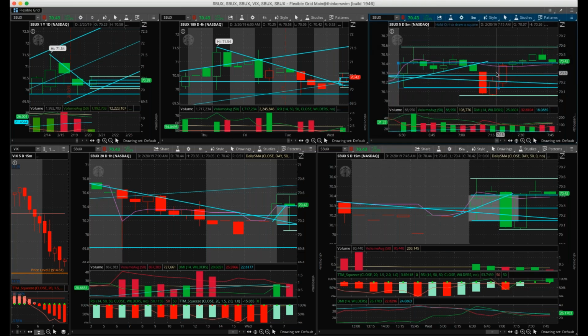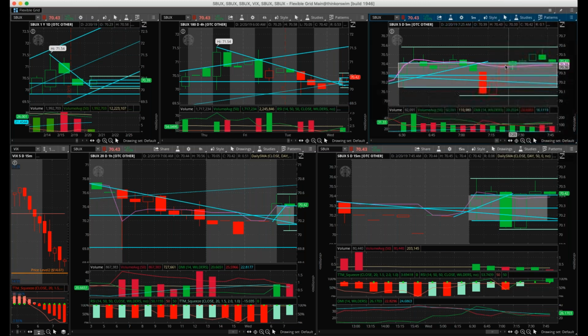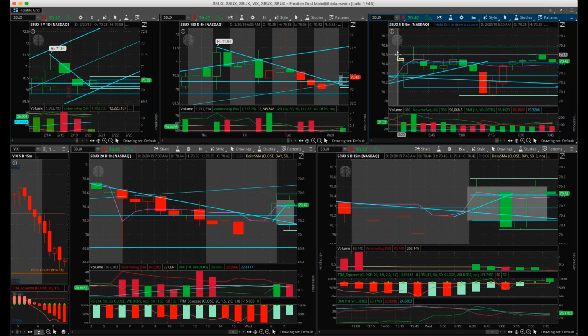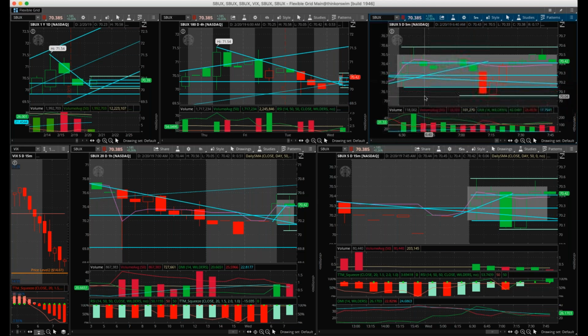So we can extend this chop zone. I guess we could actually pick that chop zone up a little bit. So we're in this range. This is a bullish formation. So this is a nice looking bull flag.